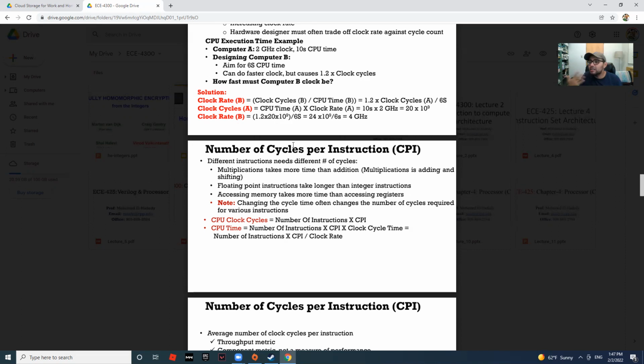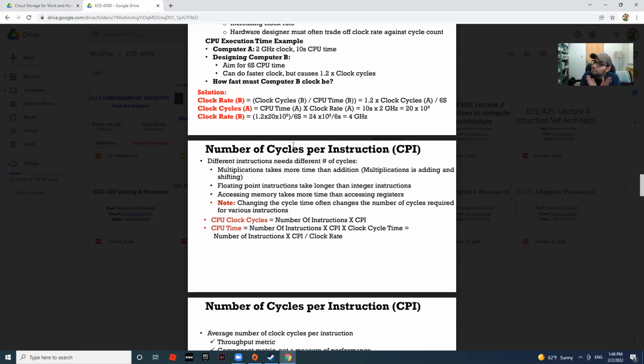If I'm in a RISC architecture, we assume that all of the instructions take the same number of cycles, right? That shows you there is a metric called CPI, which is the number of cycles per instruction. In RISC, it's one cycle for all of them, right?